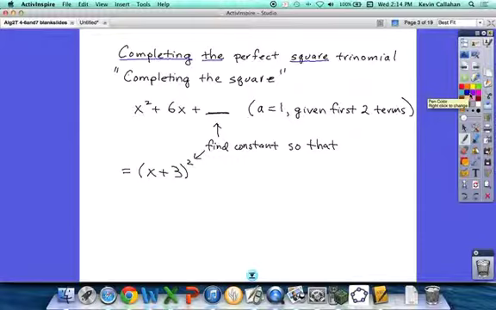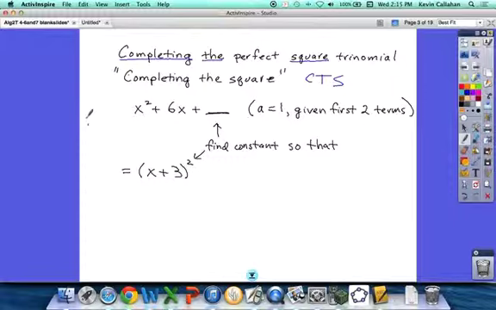Sometimes I abbreviate it, CTS. Right? CTS, completing the square.